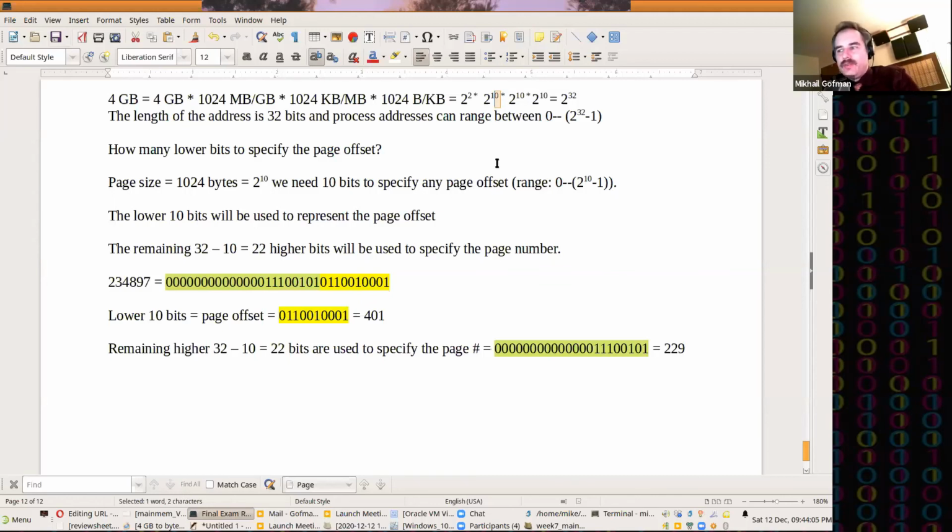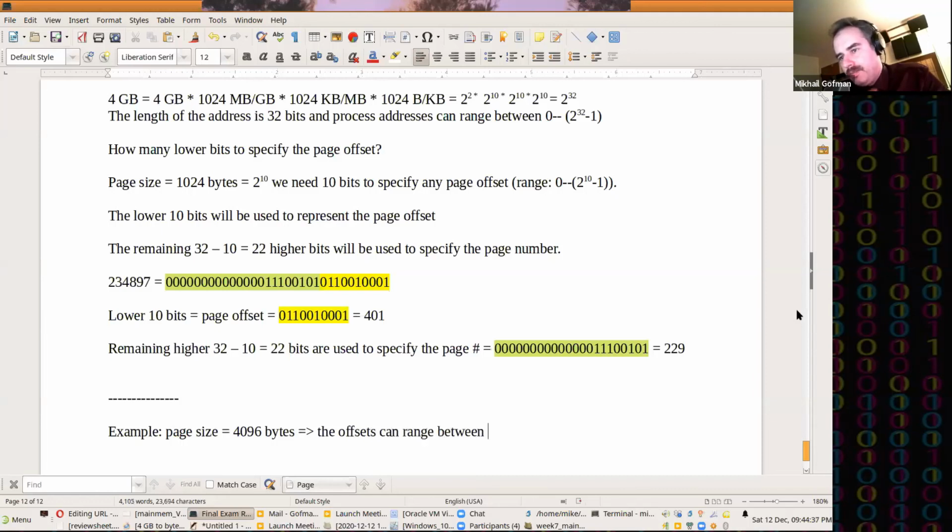For example, if you tell me the page size is, I'm just making it up, 4096 bytes, this implies that the offsets can range between 0 and 4095.